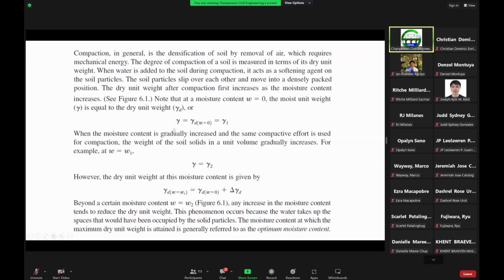Now, when the moisture content is gradually increased and the same compactive effort is used for compaction, for example, using the same equipment on site, then the weight of the soil solids in a unit volume gradually increases.